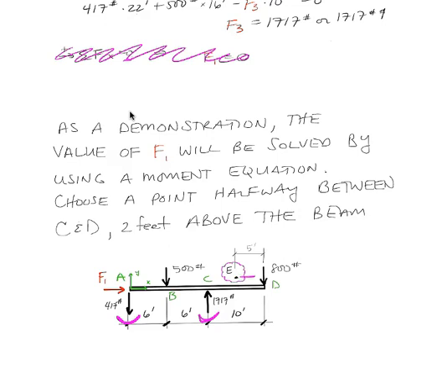So let me just dimension that right there. That distance is 2 feet. It's going to be 5 feet off the right end of the beam as well. So again, there's point E. So I can find F1 if I spin a moment about point E. I will give you just a minute to do that on your own.